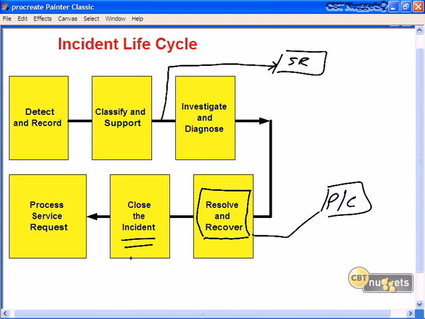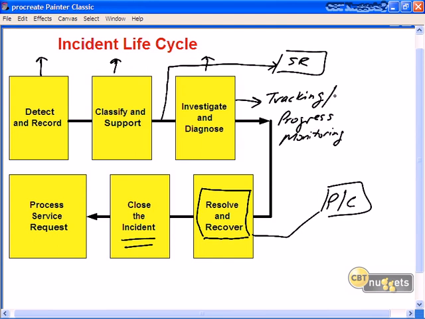Now realize that all along the way, and I don't have this written down here, there should be an offshoot from each of these steps of the life cycle, and this offshoot should be an ongoing tracking process and progress monitoring. Along every step of the way, you're going to have some real-time live monitoring and tracking of the process.